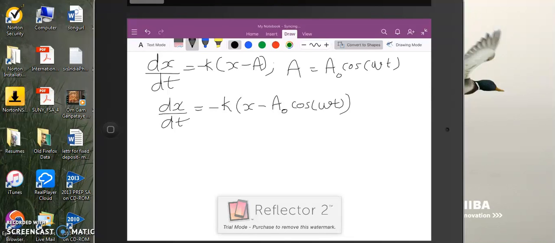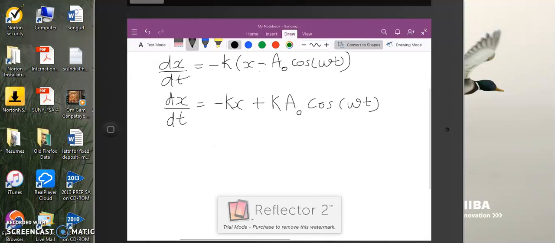So in that case, we know that dx over dt equals minus kx plus k a naught cosine of omega t. The minus here and here cancel to become the positive here.